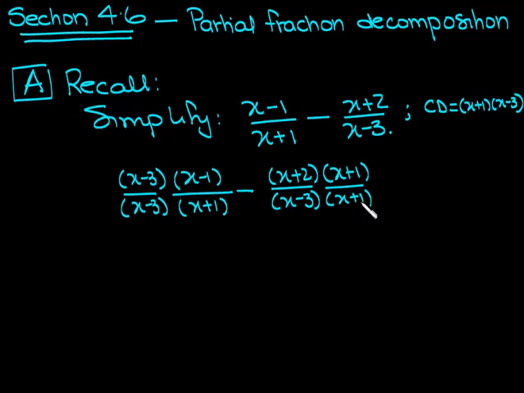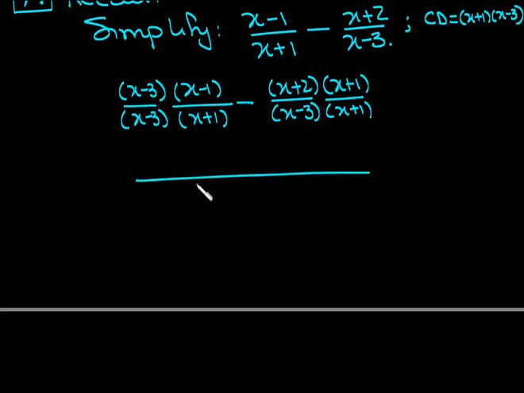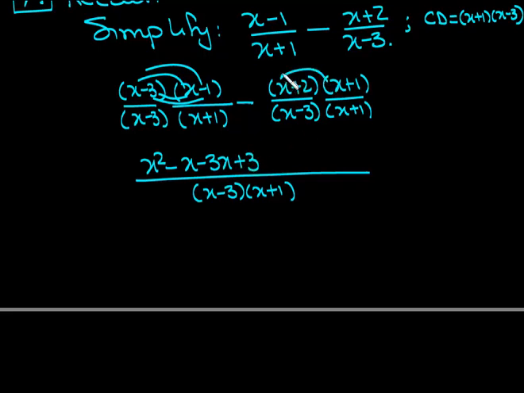So this is something we've been automatically doing. Anytime they ask us to simplify this, the denominators are the same now, so you can write them as one. You can distribute on the top, so we get x squared minus x minus 3x plus 3, and out here we can distribute, but keep in mind there's a negative in the front, so we get minus x squared, minus x, minus 2x, and 2 times 1 is 2, so minus 2.